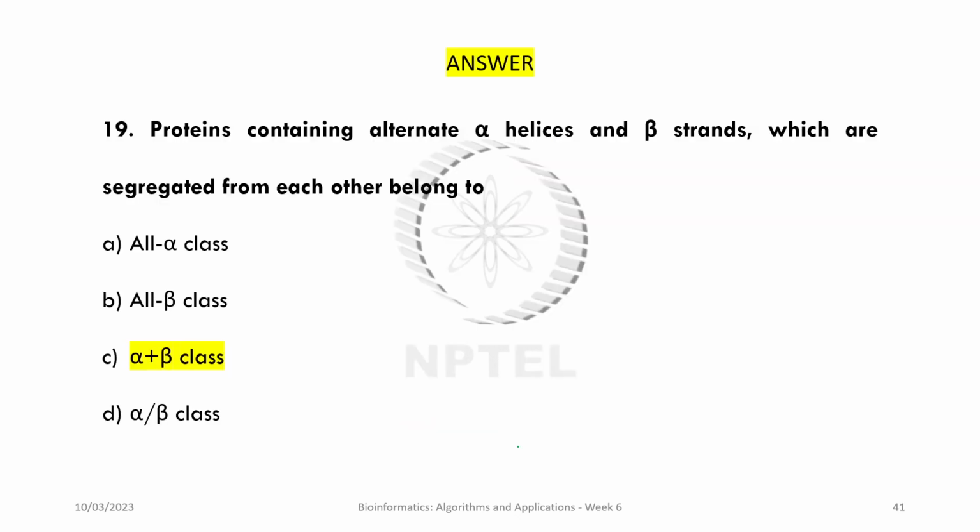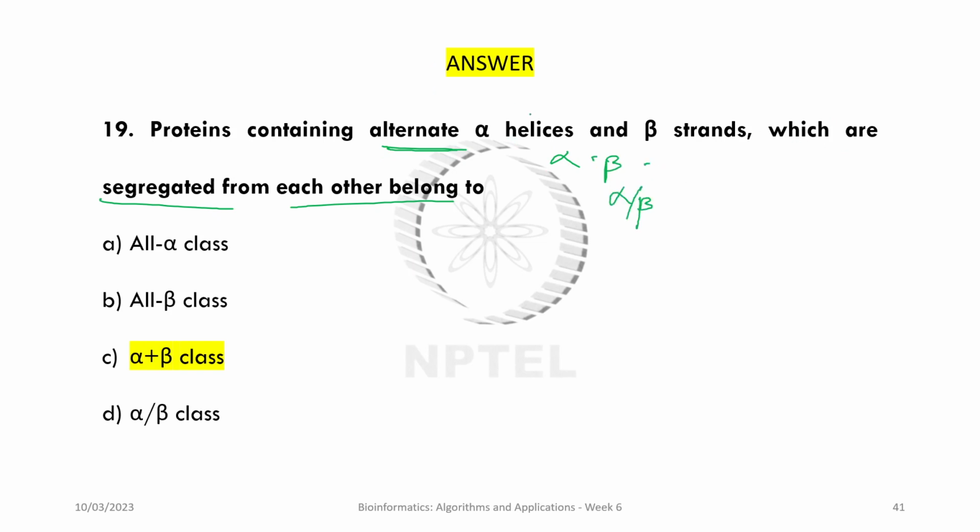But for the purpose of this question, containing alternate alpha helices and beta strands which are segregated from each other, that's your clue. Those are the problems here. If you just talk about alternating alpha and beta, immediately you will jump into it's alpha by beta.